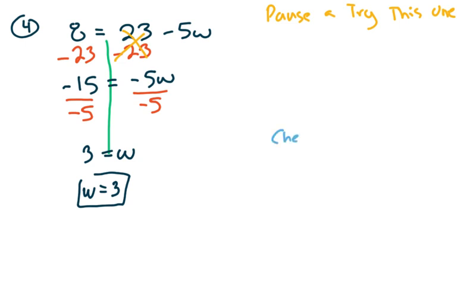And then again, we can check our answer. We're saying, does 8 equal 23 minus 5 times 3? Well, 5 times 3 is 15, so 23 minus 15 gives me 8.